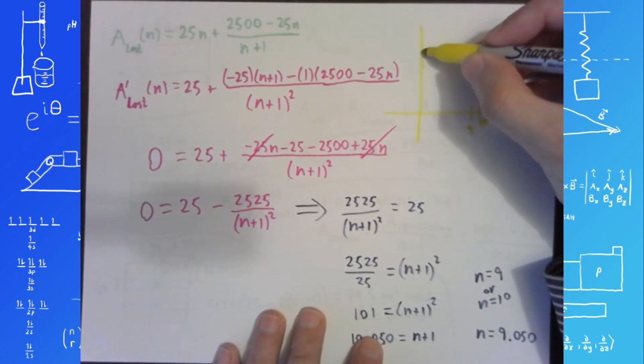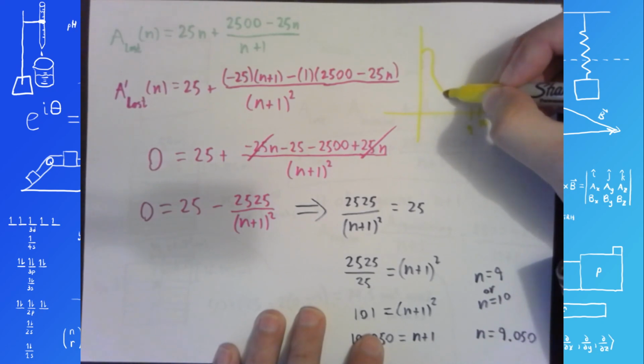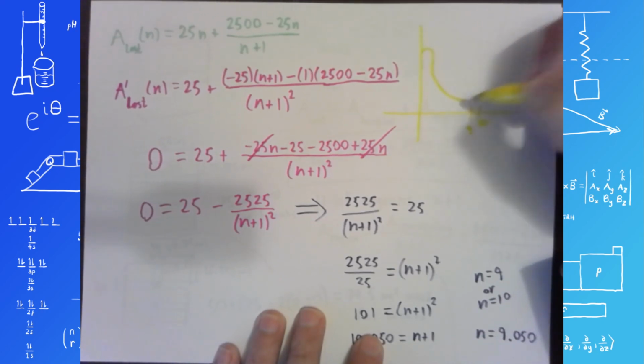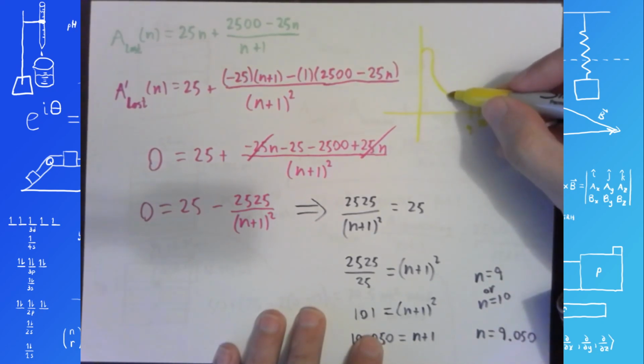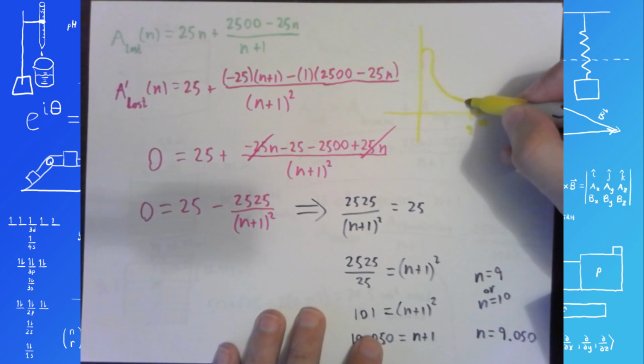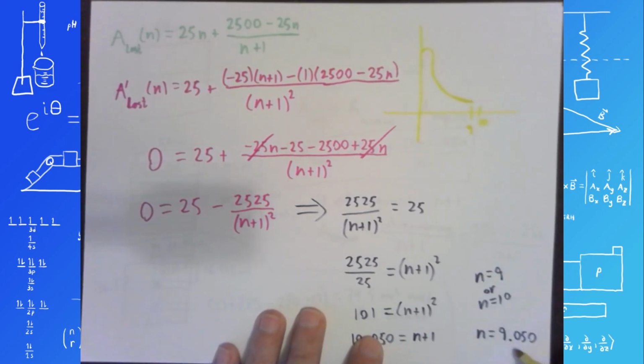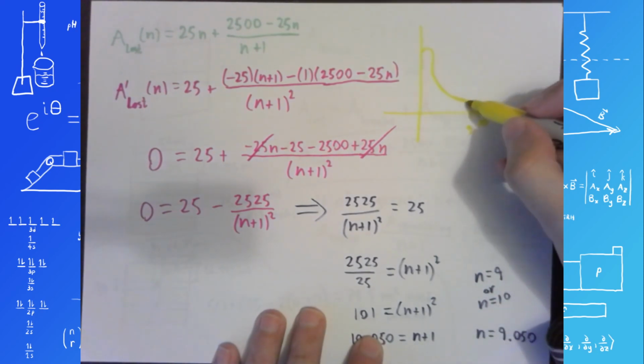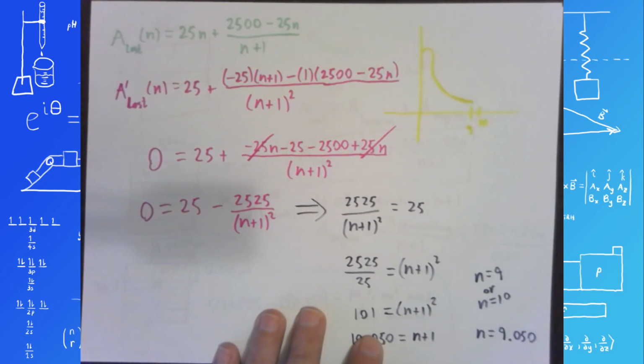So let's say I have a random graph that does something like this, and let's say that as it approaches 9, it starts getting pretty low, and you might think that, oh, well, because 9.05 is where it hits its lowest, you should just use 9 instead.